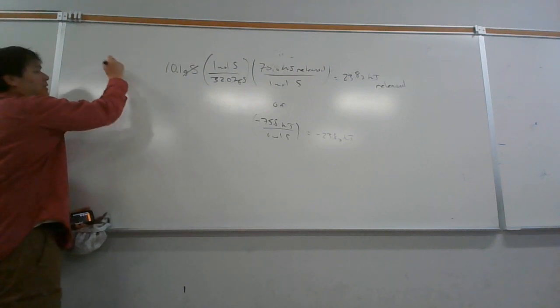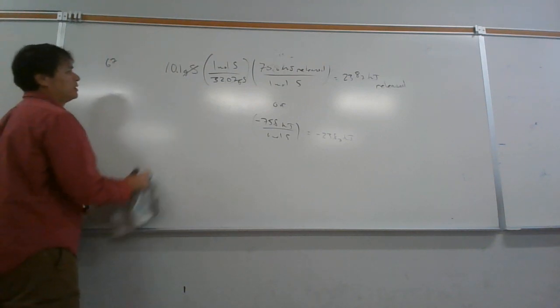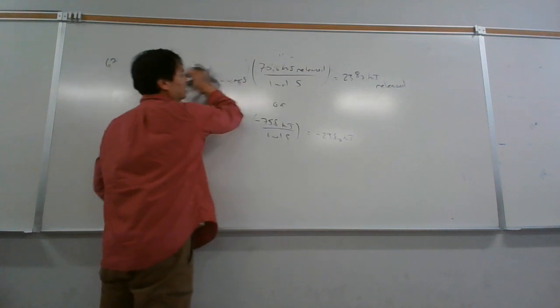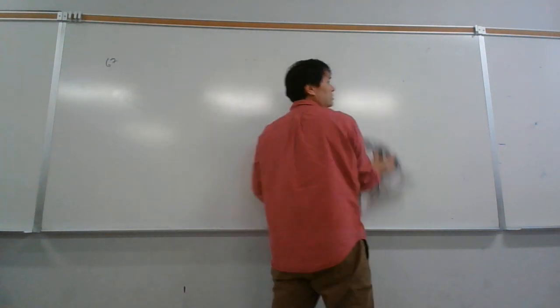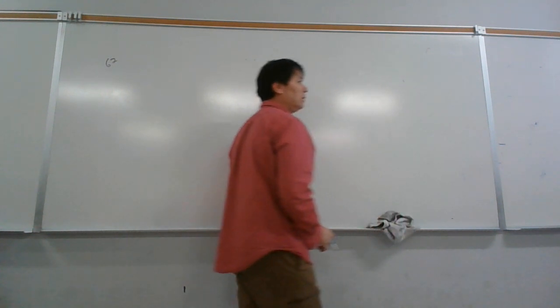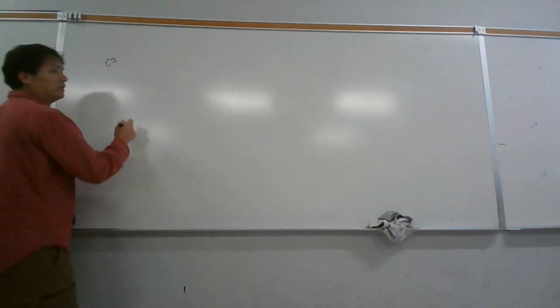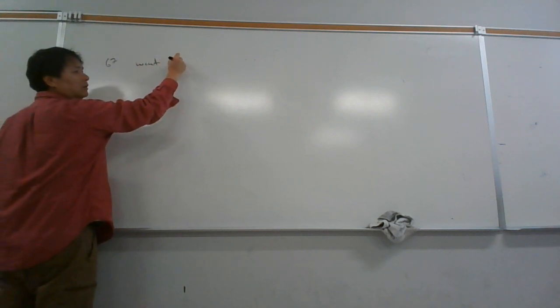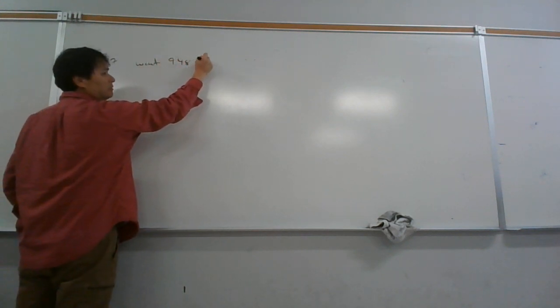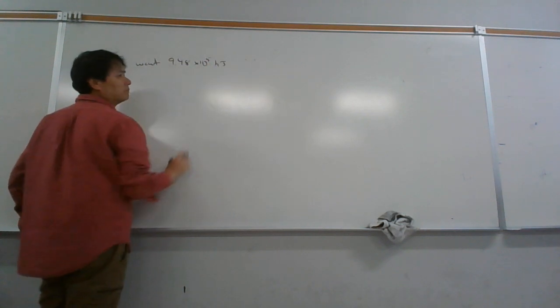So now when we look at number 67, there are two ways to handle number 67 as well. One where we keep track of the sign. And so what they want is 9.48 times 10 to the fifth kilojoules of energy.